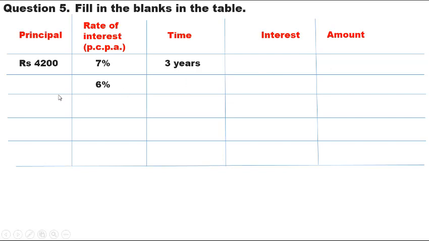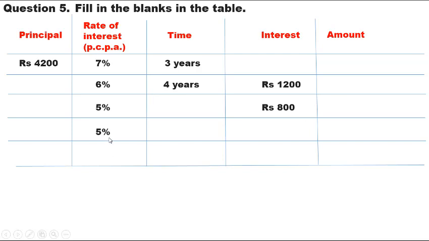Then second example is the 6% rate of interest, time of 4 years, interest is equal to 1200. Therefore we have to calculate the total amount as well as principal. The third one is the rate of interest is 5%, total interest is equal to 800 rupees. Then calculate the principal plus time and total amount.